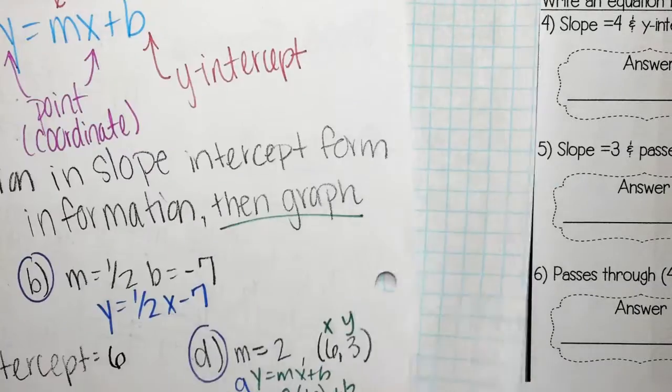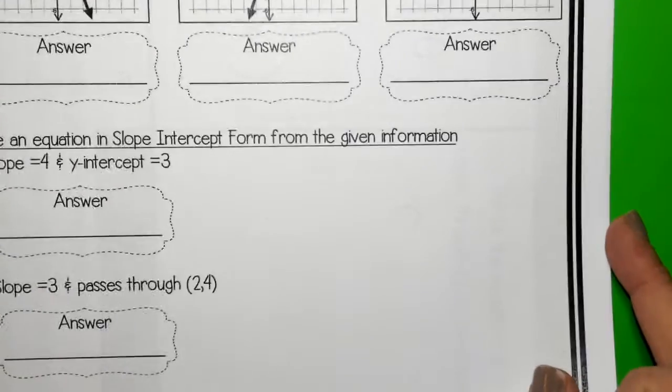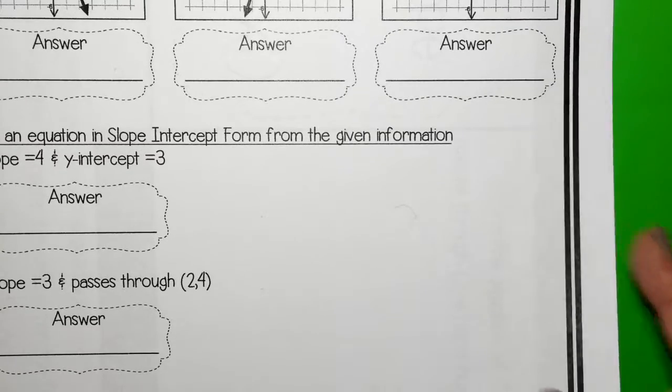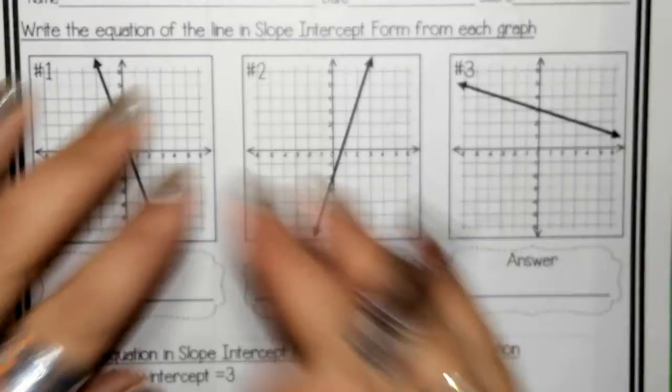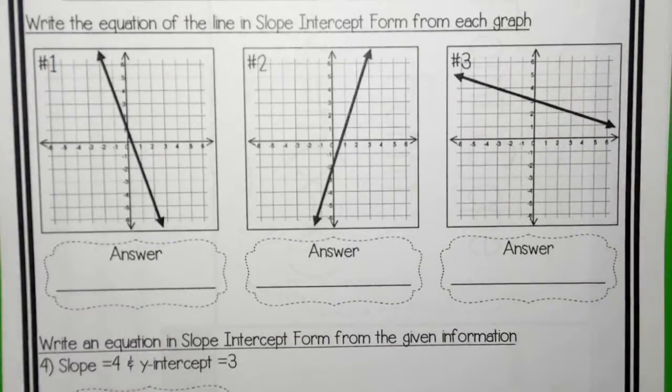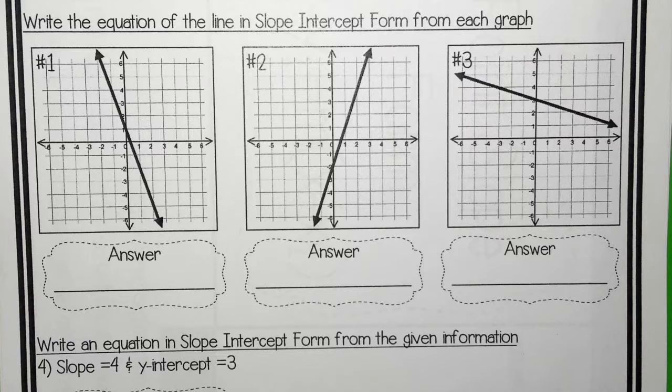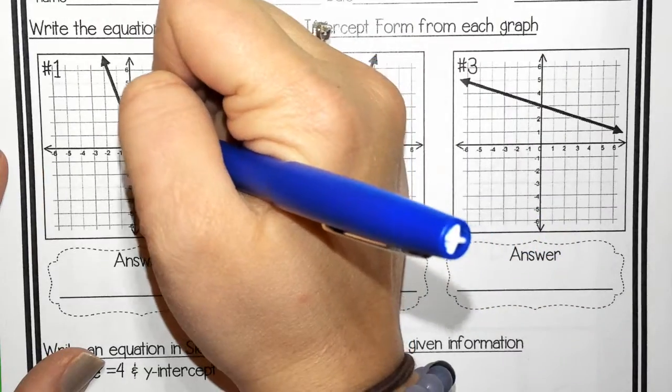There we go. Alright, so what we're going to do today, and we're going to do the first part together, just so we can do this. What does the beginning ask us to do? From each graph. So, everybody, please start by putting a dot on our y-intercept.